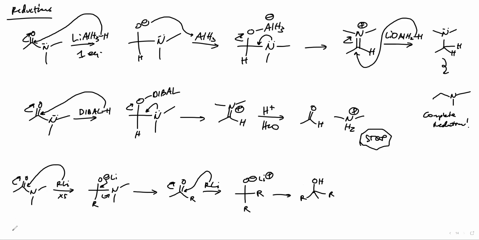There's actually a way to make ketones a lot more efficiently from amides. And this guy here, you guys can skip this if you'd like, is a Weinreb amide. Okay, a Weinreb amide.